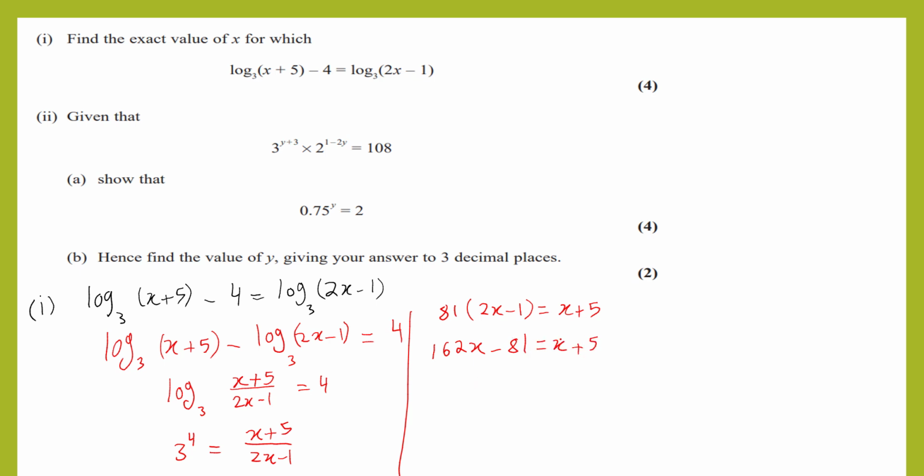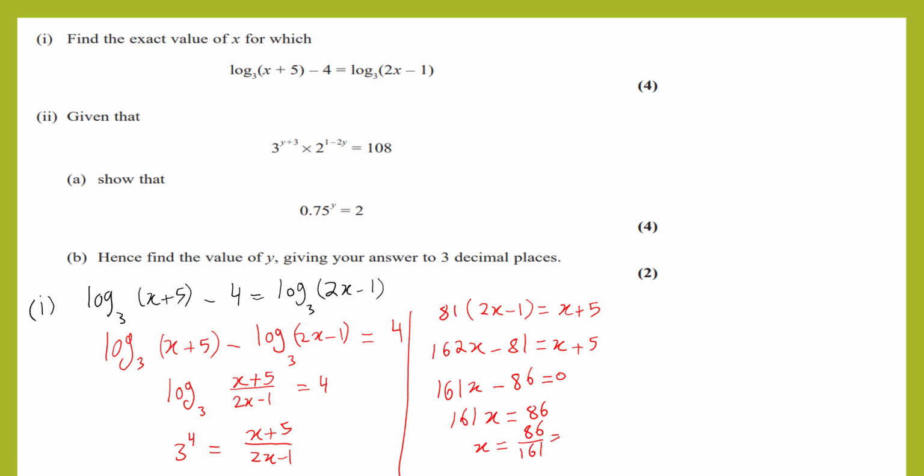If we take this to the other side, it would be 161x minus 86 is equal to 0. We can just take the 86 to the other side, so 161x equals 86. So x is 86 out of 161.